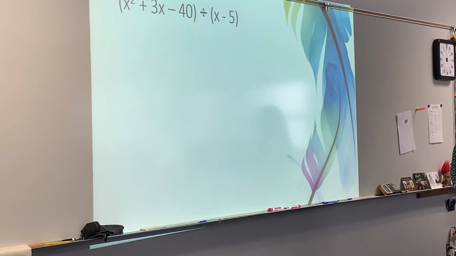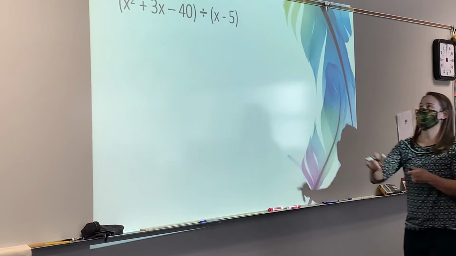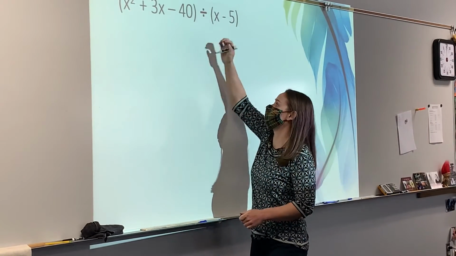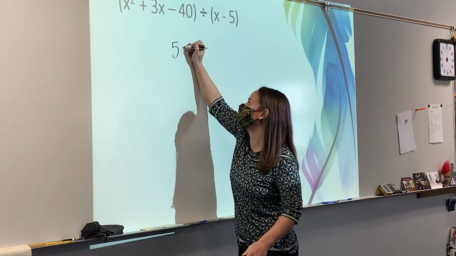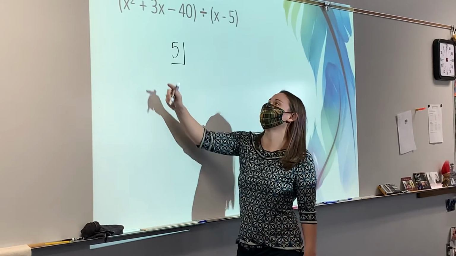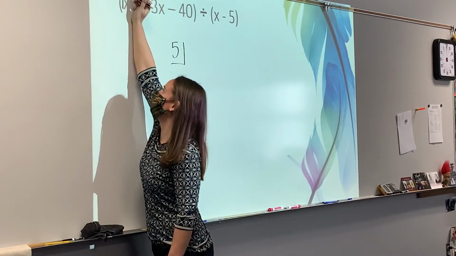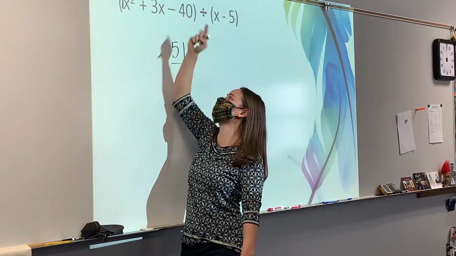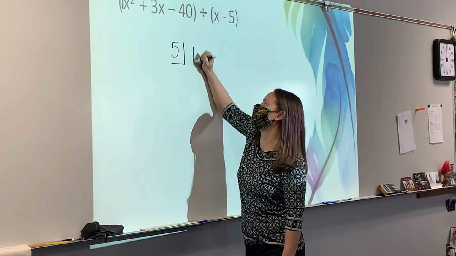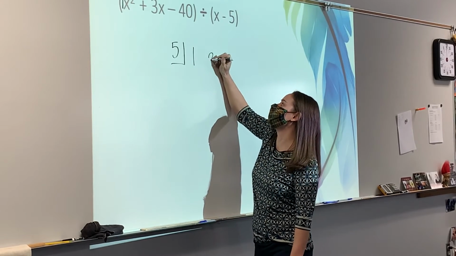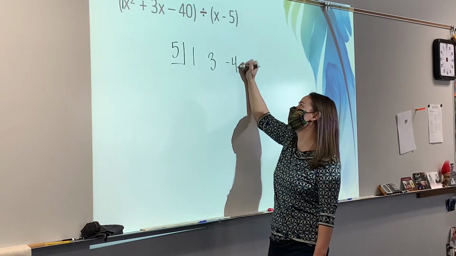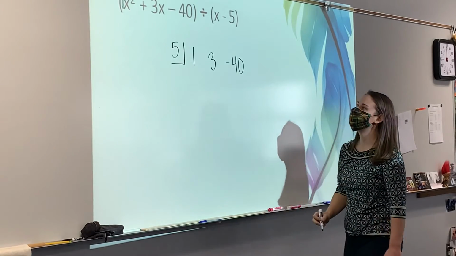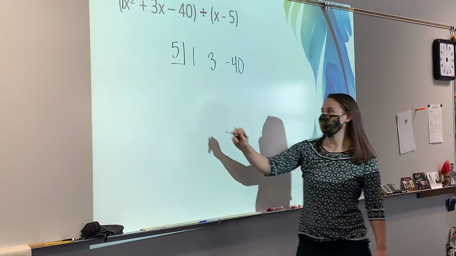All right. So I'm going to take this minus 5 and change it to a 5. And then this number in front here is an imaginary 1. And this is perfect because it's going from squared to x to number. So we don't have any zeros on this problem. It's just going to be a 1, 3, and minus 40. Okay, I'm going to draw my line.